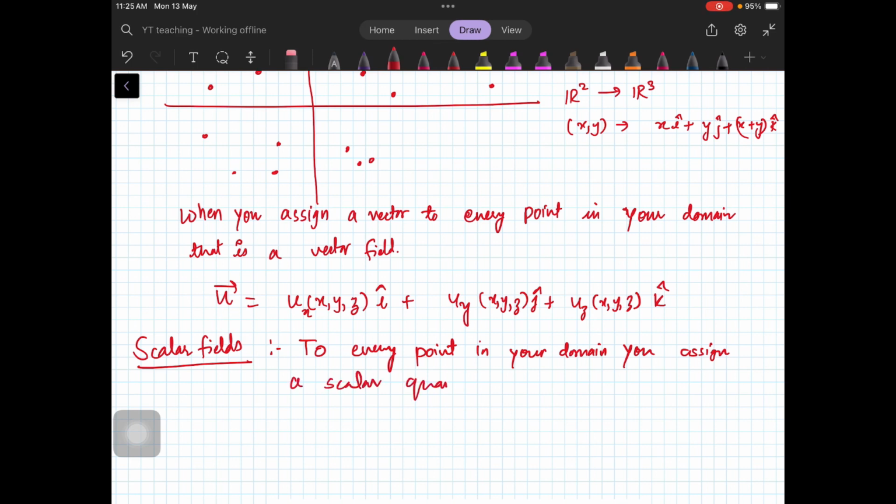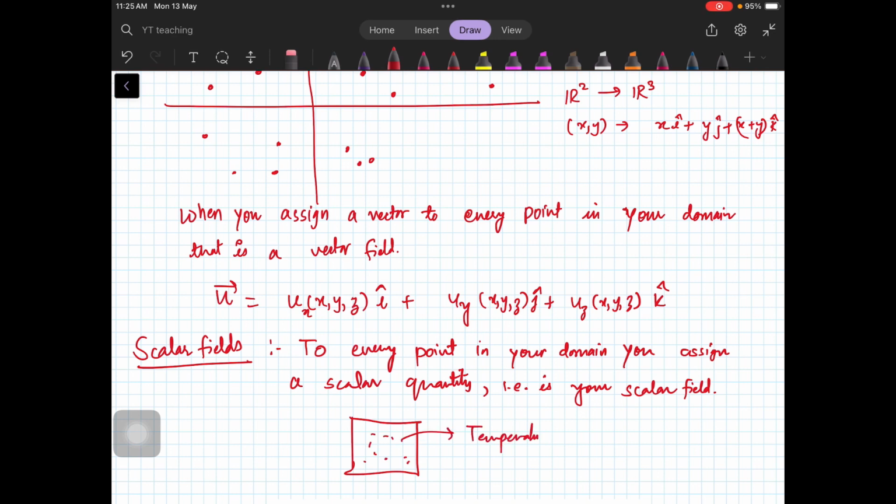That is your scalar field. Can you think of an example? For example, you have a square metal plate, and at every point you assign the temperature. Temperature is not a vector quantity, it is a scalar quantity. So this is going to be a scalar field.